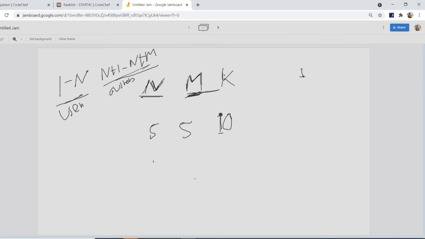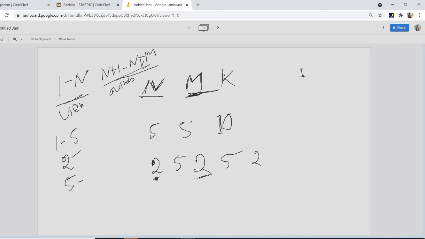At first, we have 10 attempts. In the first attempt, the second person attempts the quiz. This second person is a user, because from 1 to n, that means 1 to 5, right? In the second attempt, the fifth person is attempting, he is also a user. Then again the second person attempts it, so we have to count the second person here. Then we again have the fifth person, so the fifth person attempted multiple times, so we have 5 here, and then we have 2 also here.